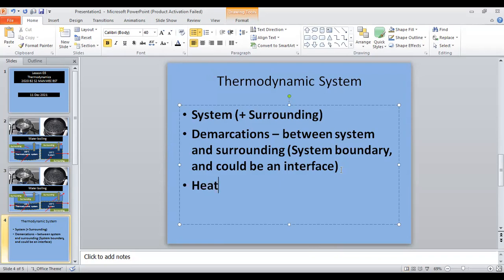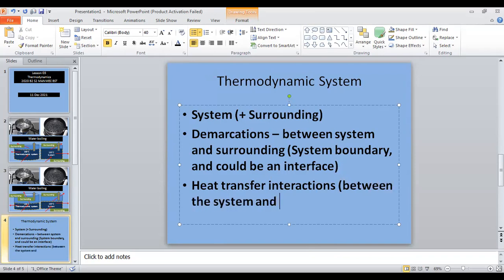So heat transfer interactions. Interactions means between the system and surrounding.